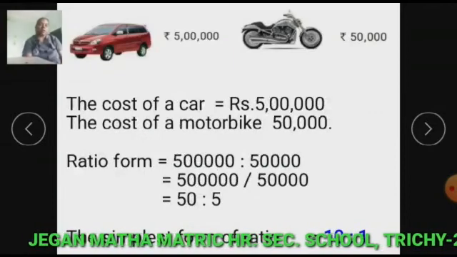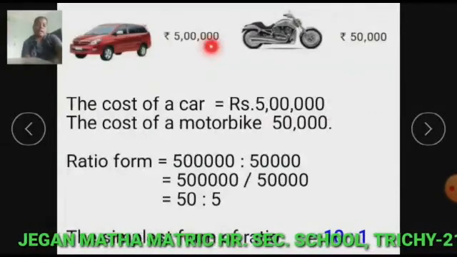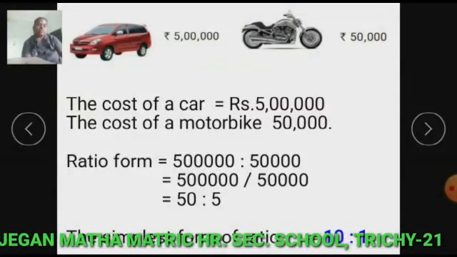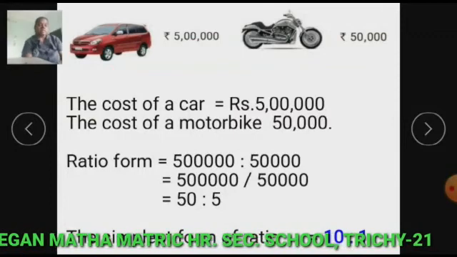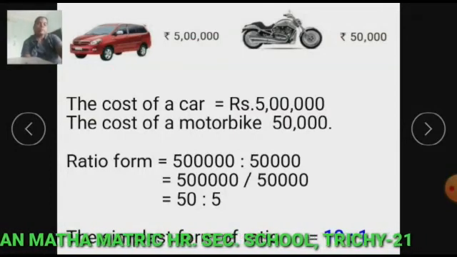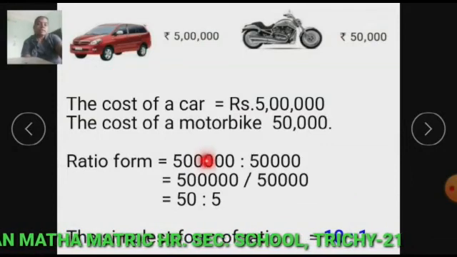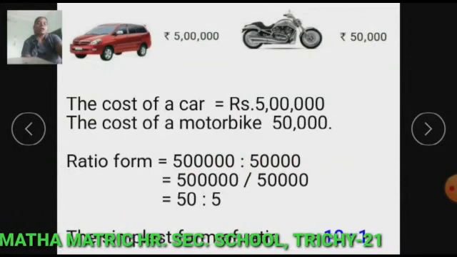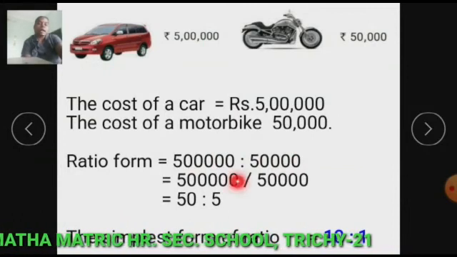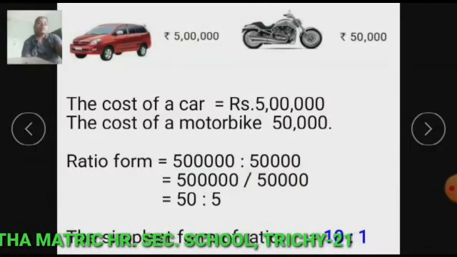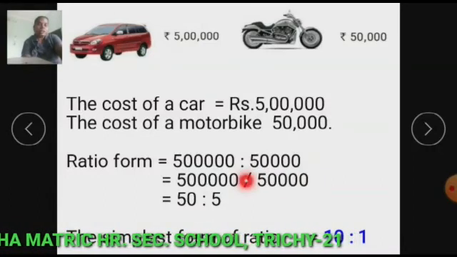The cost of a car is rupees 5 lakhs and the cost of a motorbike is 50,000. This is expressed in the ratio form 5 lakhs is to 50,000, equal to 5 lakhs divided by 50,000. We simplify the fraction form.